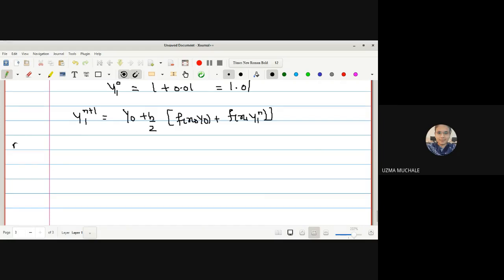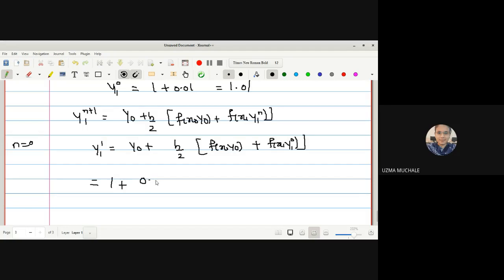Okay, for n equal to 0, this formula becomes y1 raised to 1 is equal to y naught plus h by 2 times f of x naught y naught plus f of x1 y1 raised to 0. Here we are having the value of y, so it is affecting now. Now you will get a different answer.